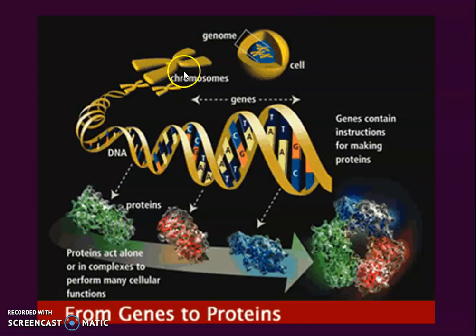So we have our gene on a chromosome, which is actually made up of DNA, and then that DNA has the instructions for making protein. In our example for eye color, it was melanin. That process is what we're going to be studying over the next few days.